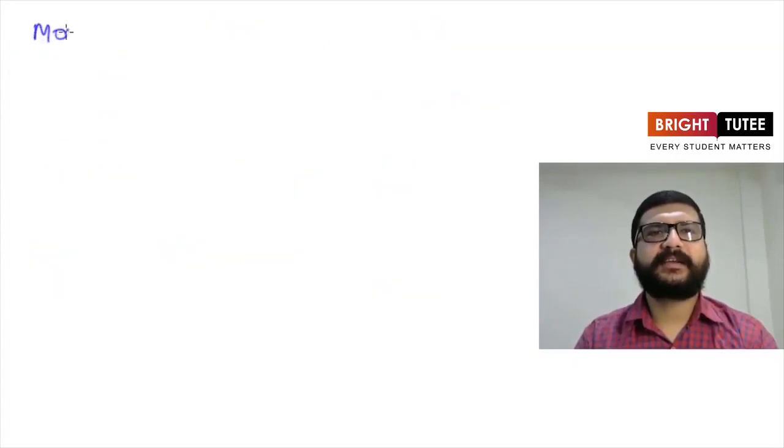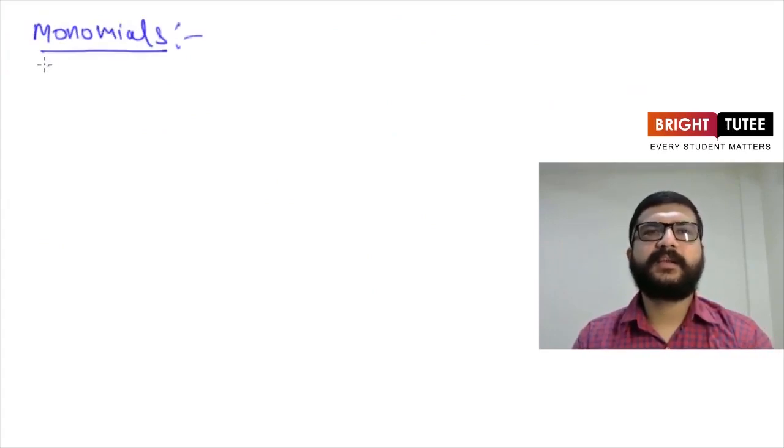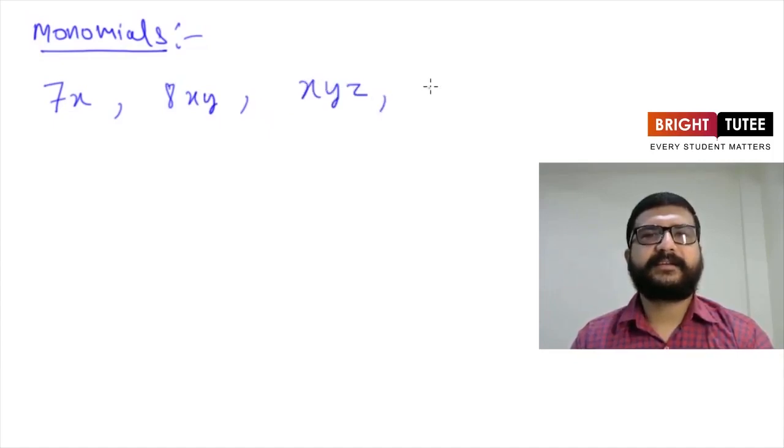For the first, monomials, we can have expressions with only one term. Let's say we have 7x. So here there is only one term, 7x, and then we can have 8xy, and let's say xyz, and then we can have x plus 7x plus 8x.